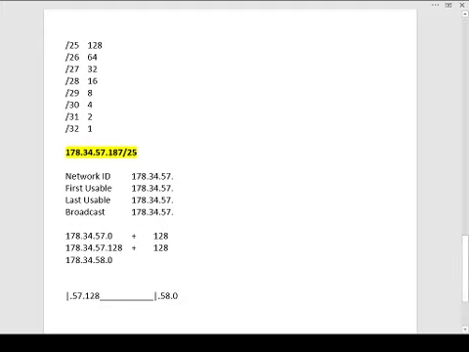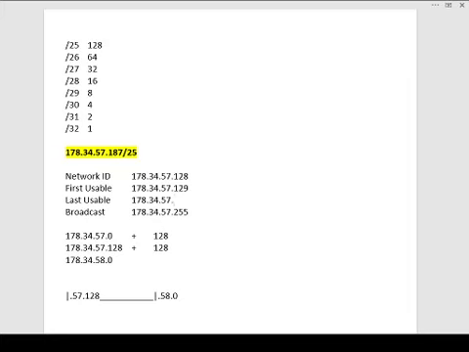So now we know our network ID is going to be 57.128. The first usable has to be one higher than the network ID, which is 129. Your broadcast has to be one less than the next network ID. Now we can go back to that 255.